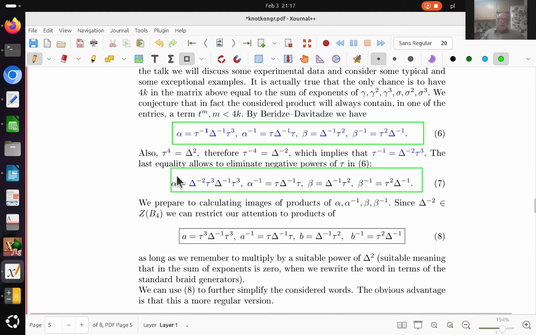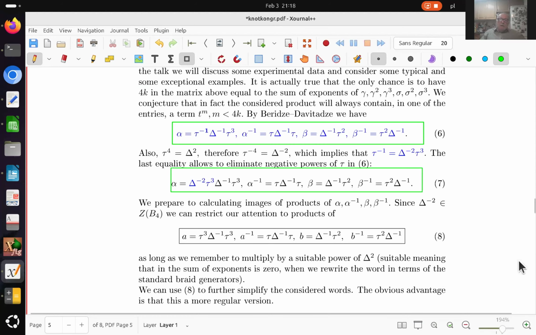You can freely exchange it with everything else. Therefore, we will be restricting our attention to the products of such elements like here. We call them A inverse, B, and B inverse. They are almost identical with alpha inverse, beta, and beta inverse, with the exception that A small is slightly different from alpha.